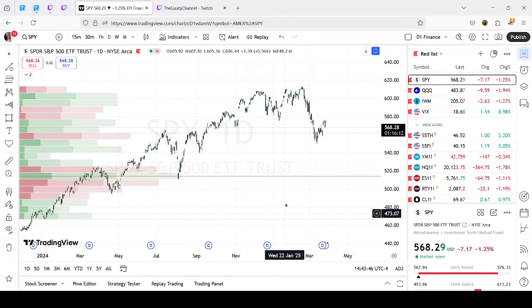Most of the volume has been in this range right here. So what I want to know is where the support and resistance is in this range.